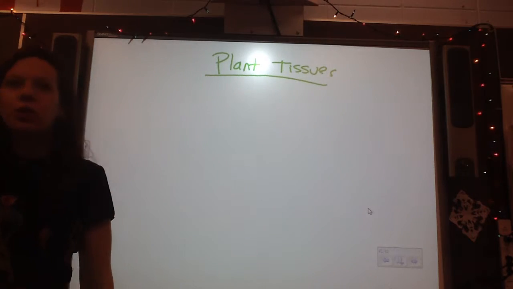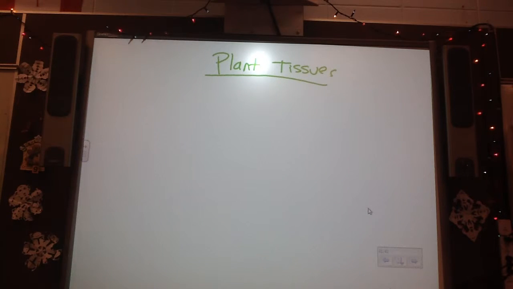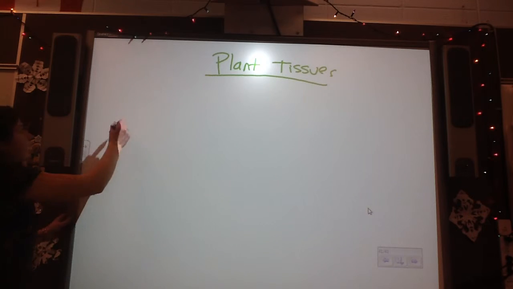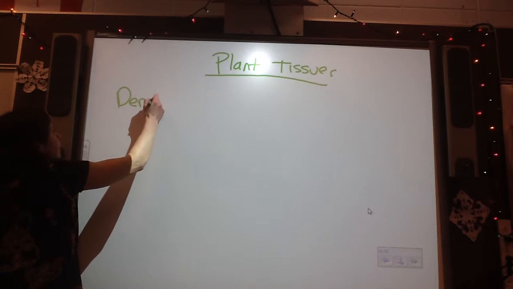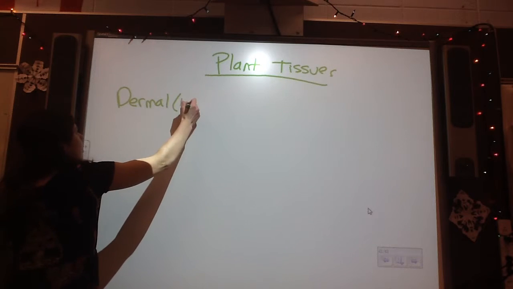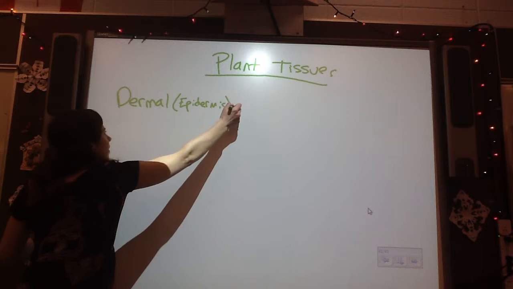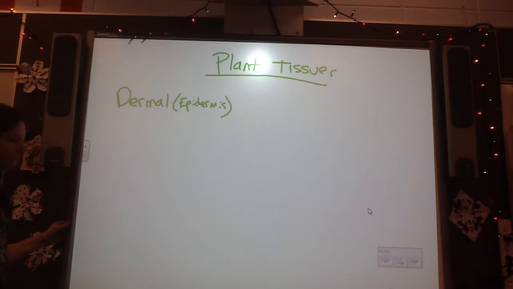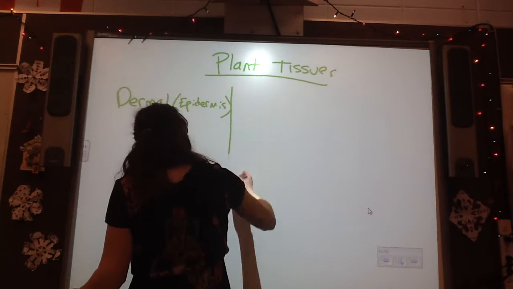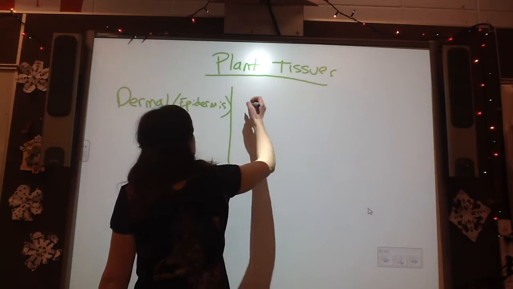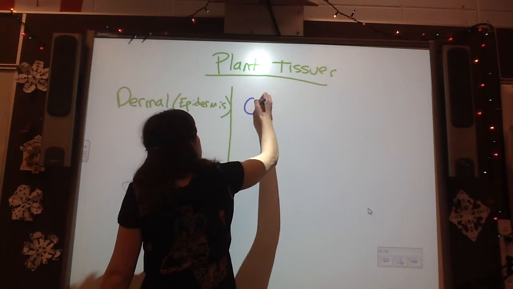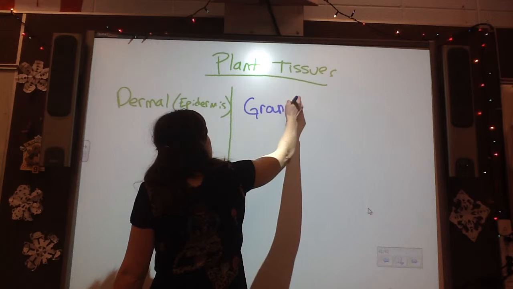Plant tissues. The first one was dermal or epidermis. The next one was ground.